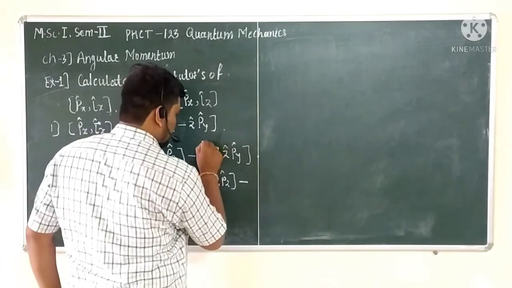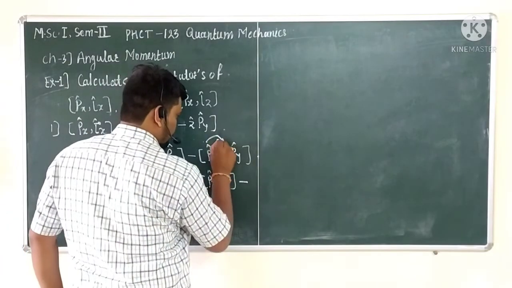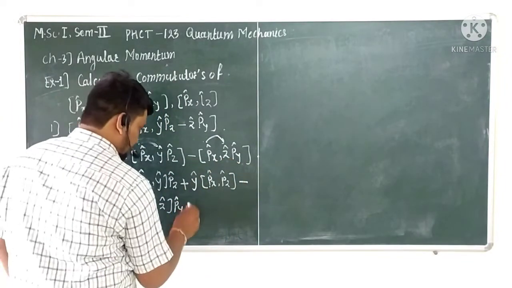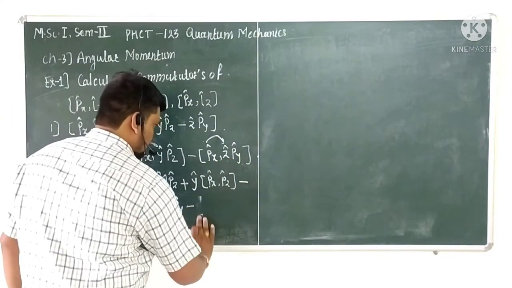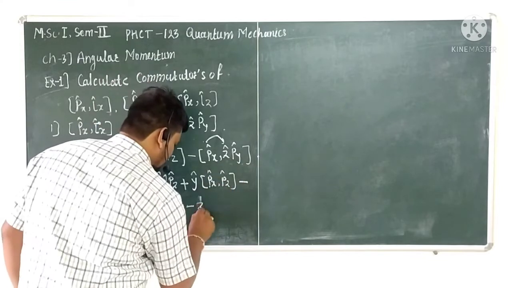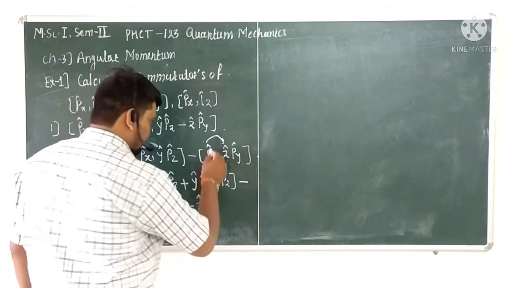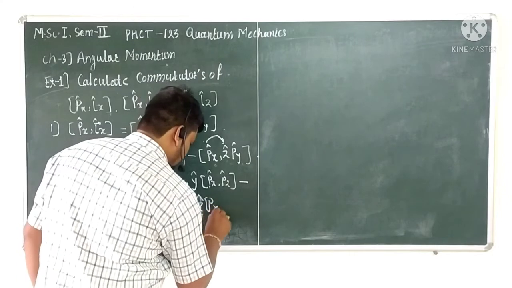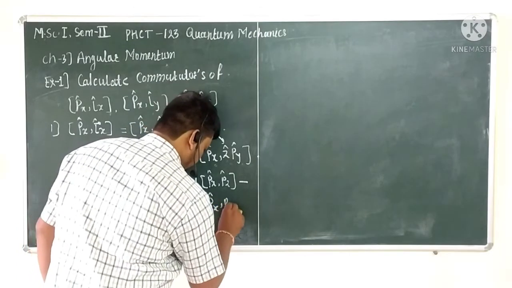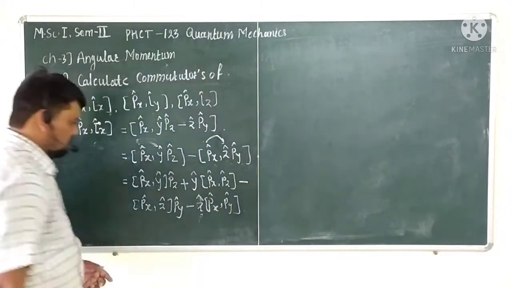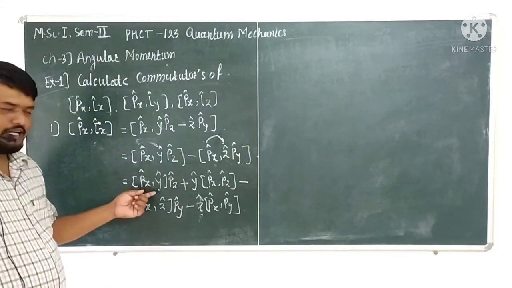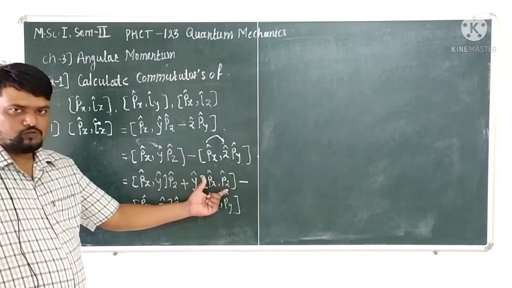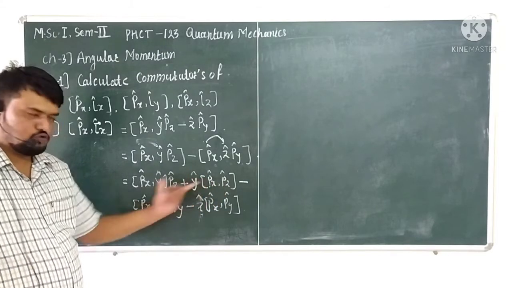First of all, px cap commutes with z cap, and py cap is outside; again taking the minus sign, z cap is taken outside, and px cap commutes with py cap. We have to know that px cap comma y cap is 0, px cap comma pz cap, the momentum operators commuting with each other, is also 0.